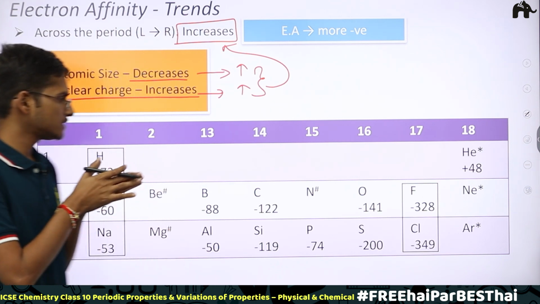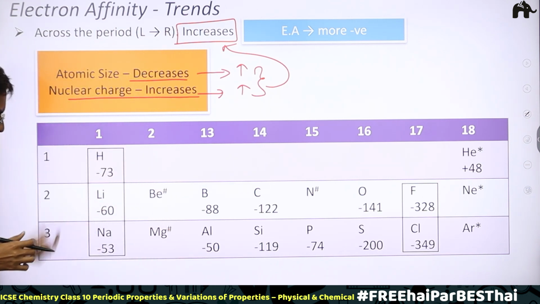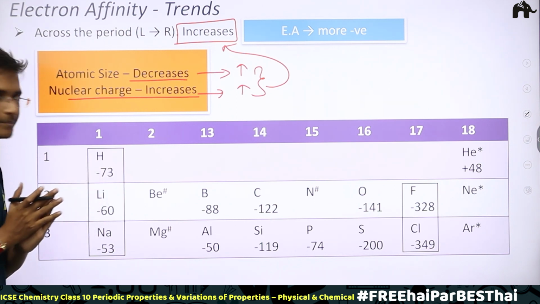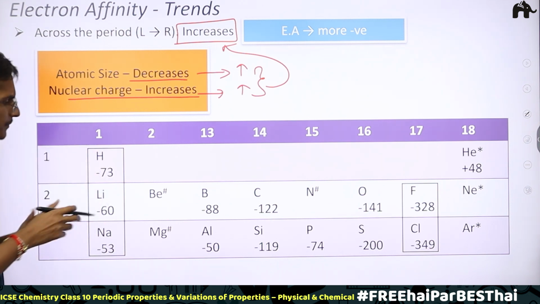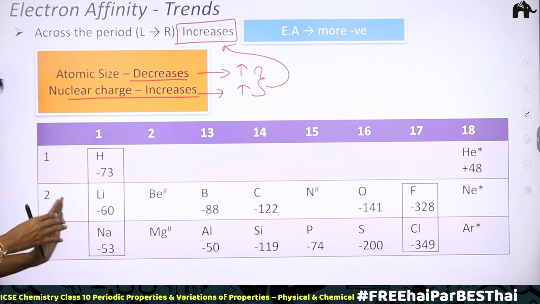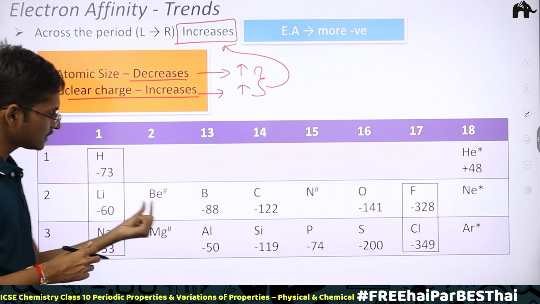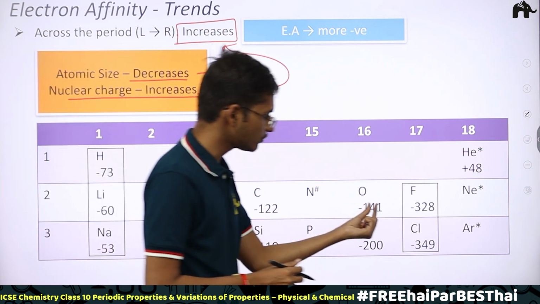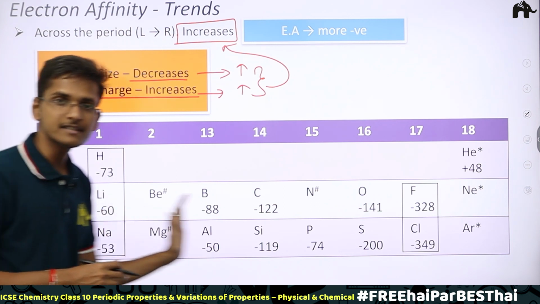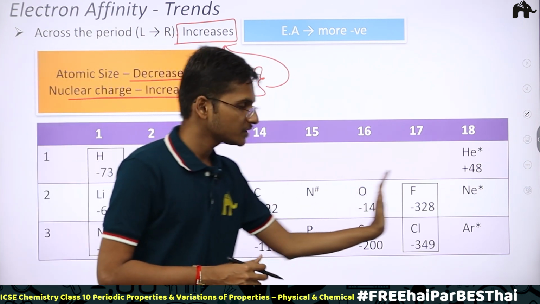Now you can see here the example of group 2, group 3, period number 3, period number 2 elements, as well as the period number 1 elements. But we are going to focus more on period number 2 and period number 3 elements. So you can clearly see from minus 60 to minus 88, minus 122, minus 141 to minus 328, the electron affinity values are increasing.